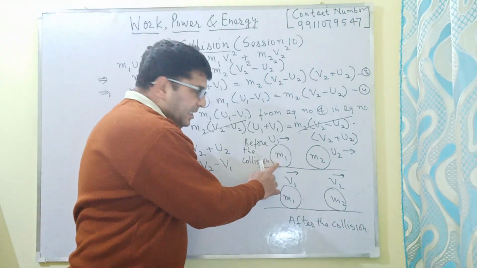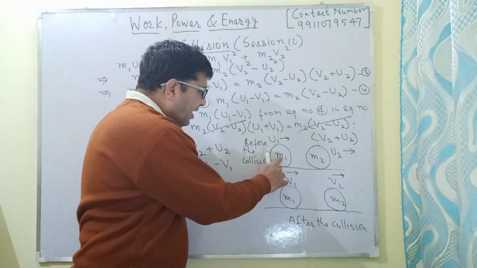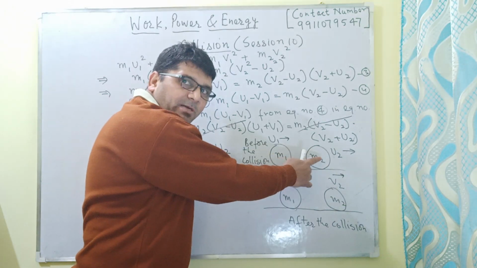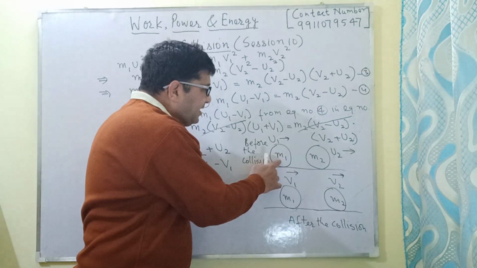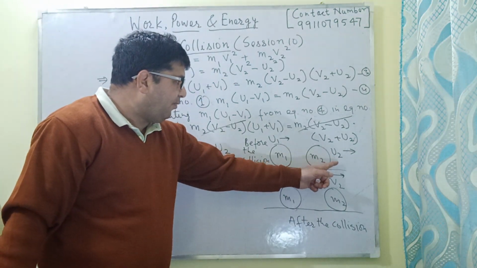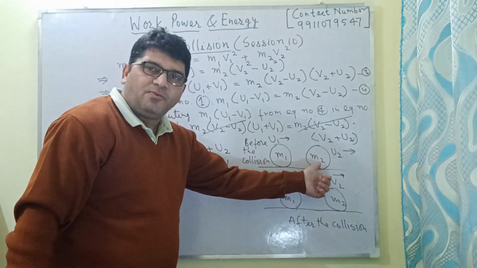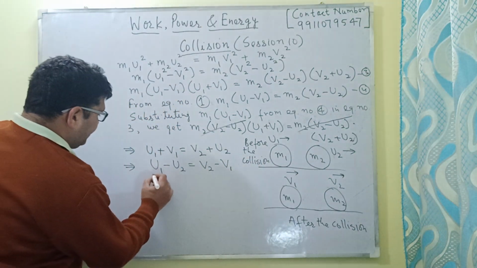Because then only m1 will collide with m2, only when the velocity of the body of mass m1 is greater than the velocity of the body of mass m2.